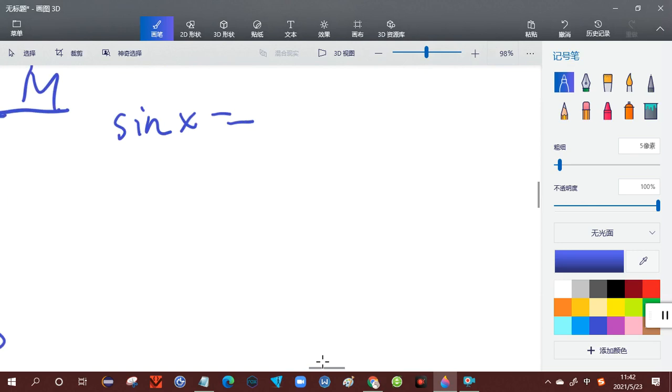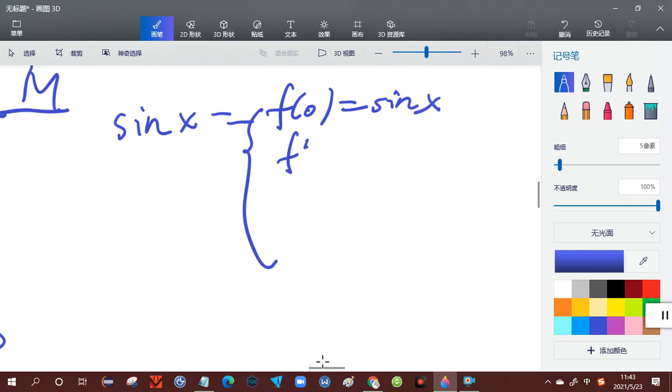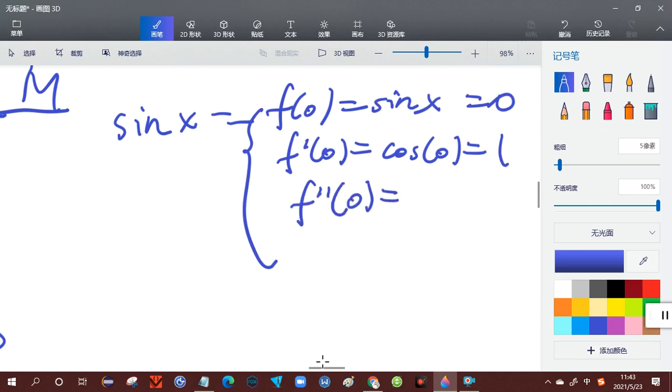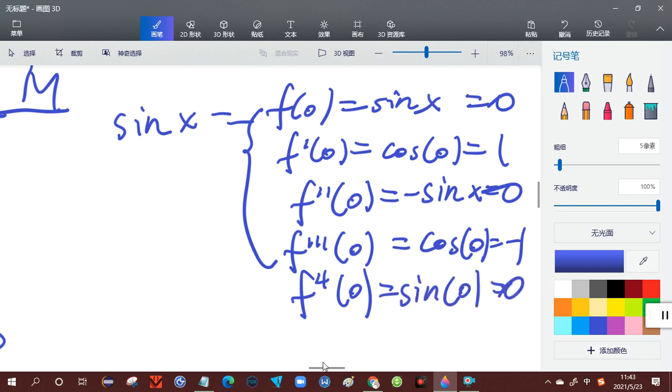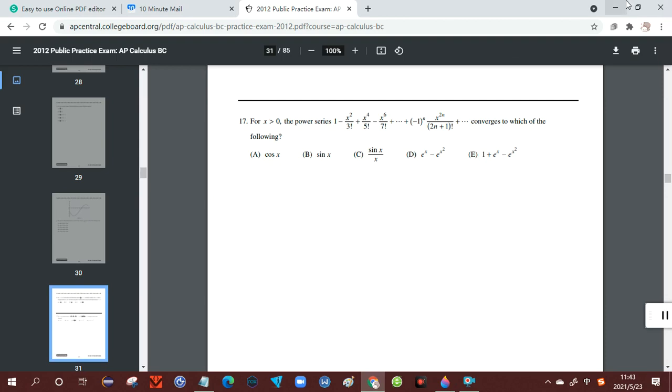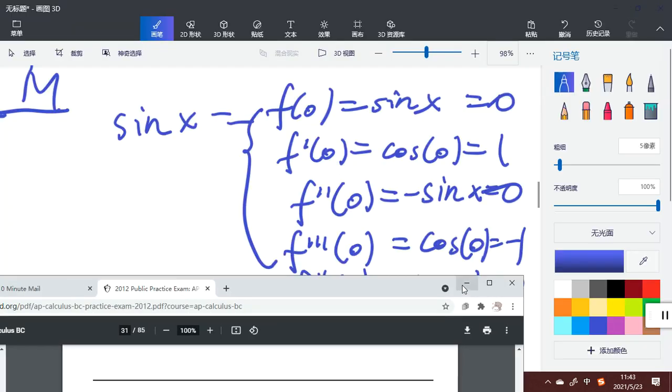The Maclaurin series of sin x: we first identify the derivatives, and by using this we can then list out the equation for it.